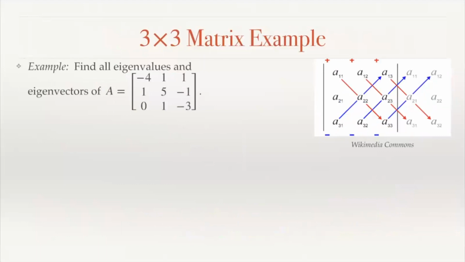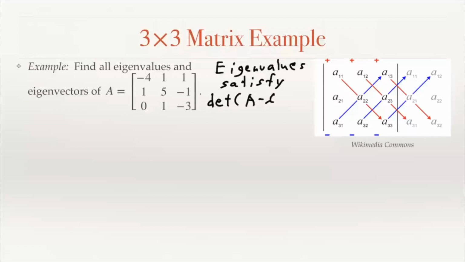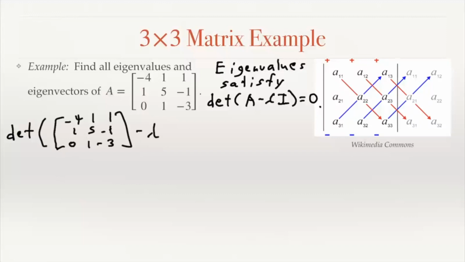So we can use this to find all eigenvalues and eigenvectors of a 3x3 matrix, and the formula is the same. Recall that the eigenvalues are those that satisfy that the determinant of A minus lambda I equals 0. So we want the determinant of A minus lambda I to be equal to 0. And we add these two together.